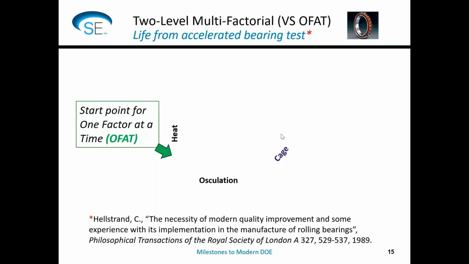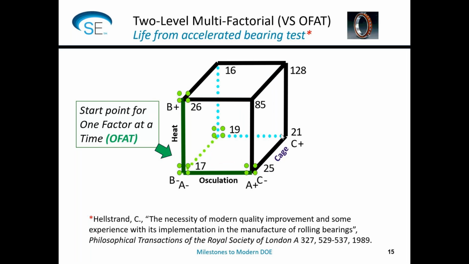Now we begin to do something that's much more interesting to a chemical engineer like myself, or certified quality engineer, and that is to consider that there could be interactions of factors that are either positive or synergistic or negative or antagonistic. And for that, we need to simultaneously vary all the factors at once. So this gets us into a 2-level experiment. And in this case, we've got 3 factors.